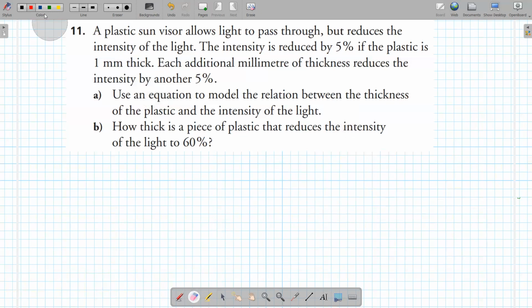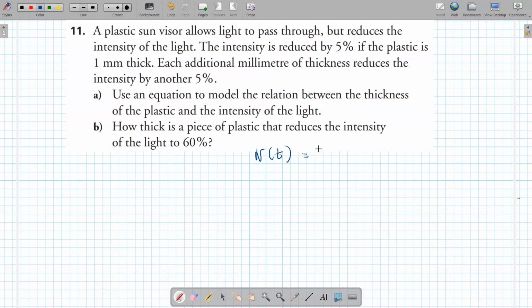I can give you the formula for this, but you can come up with it by yourself by using that kind of logic. We can say that, what should we use? I don't even know. Let's use NT. NT is the final intensity.